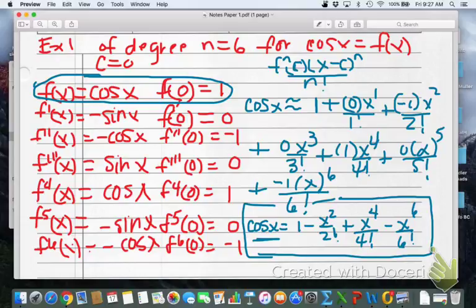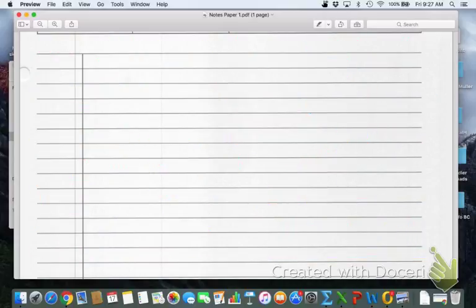Now, you may also be asked to calculate the error of that polynomial. So let's say you're asked to do that as part of your homework. And the question might be, use P6 of x, that 6th degree polynomial that you found, to approximate cosine of 0.1.